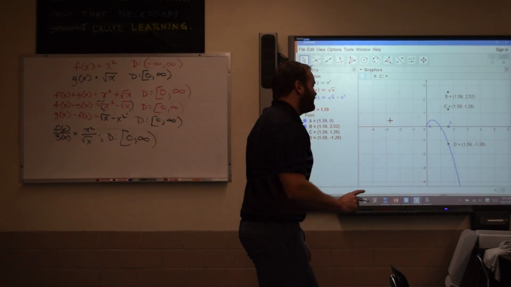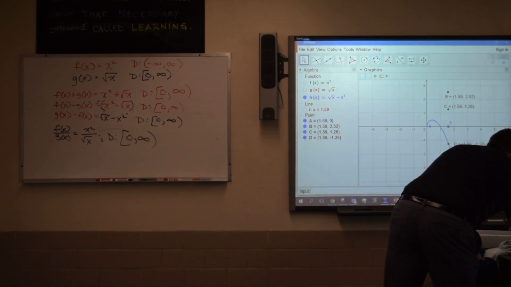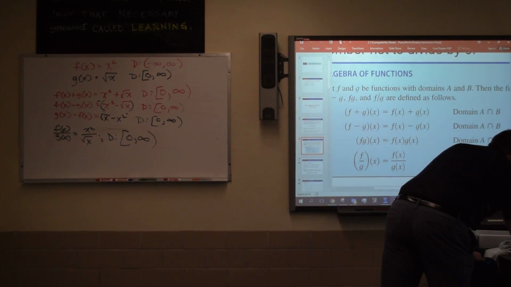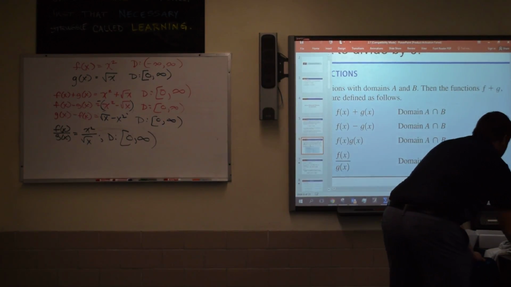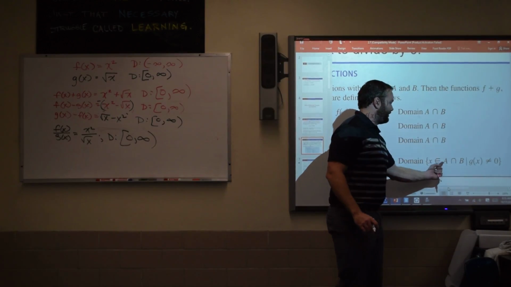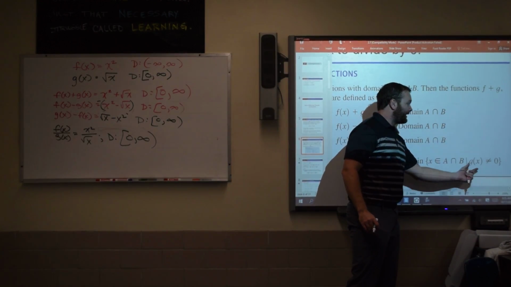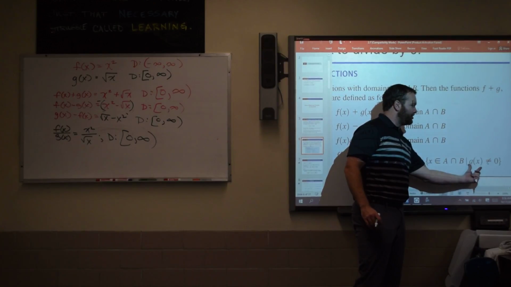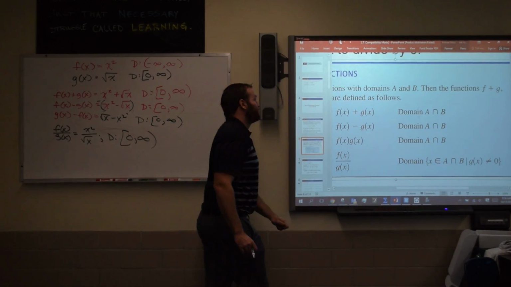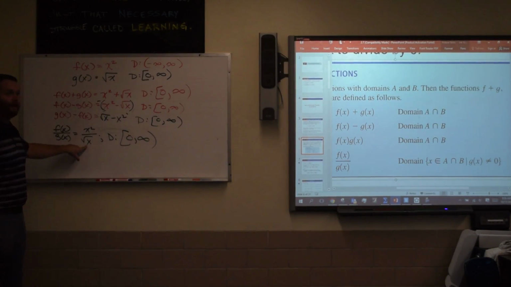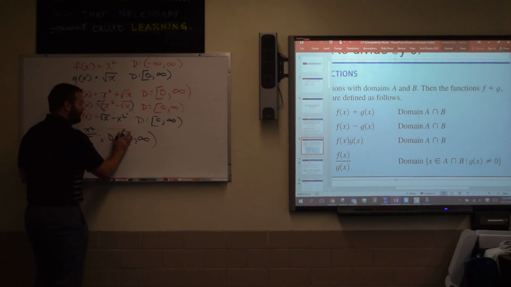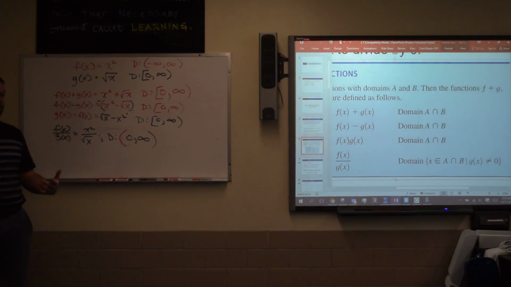But we should know because of division you can never divide by what? 0. So that's why here it says domain is an element of the intersection of A and B given that the bottom function does not equal 0. So the bottom function here cannot equal 0. So you guys say you can't be 0. So I kick 0 out, and that's how I change the domain.